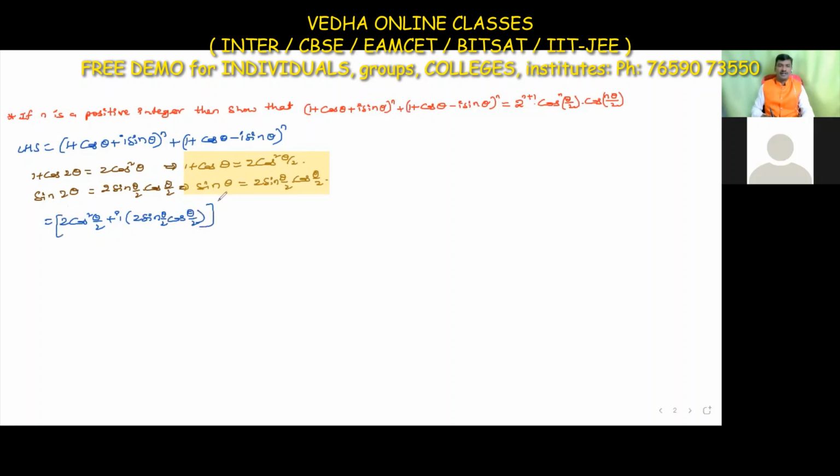Whole to the power n as it is, plus 1 plus cos theta, 2 cos square theta by 2, minus i into 2 sin theta by 2 into cos theta by 2, whole power n as it is. Okay, so now I am writing the power n separately for these terms.